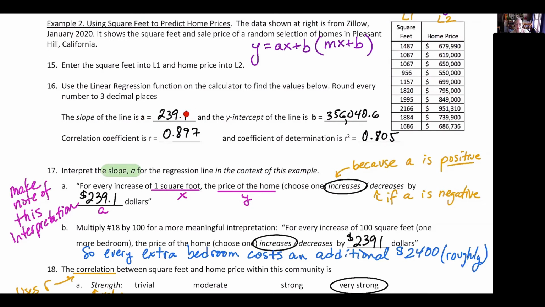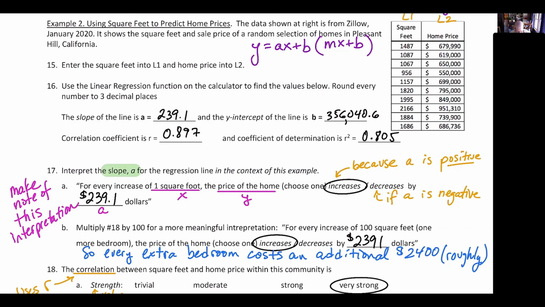What the slope tells us is for every increase of 1 square foot, so that's 1x, whatever the x variable is, 1 degree of temperature, any x, the y value increases by this much. Make a note of this interpretation because you just fill in whatever the variables are for x and y in whichever context you're given.